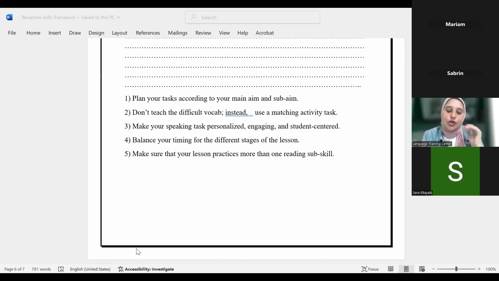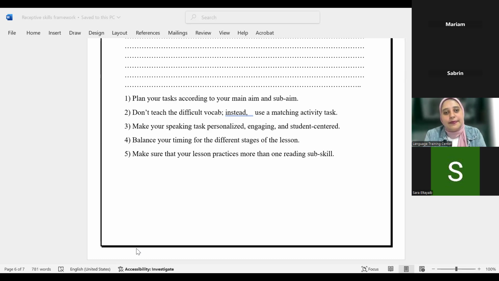You are planning this task for fast finishers who are very good, so choose a difficult question for people in higher levels, so they are busy thinking about it until the others finish. Okay, thank you. Absolutely welcome.